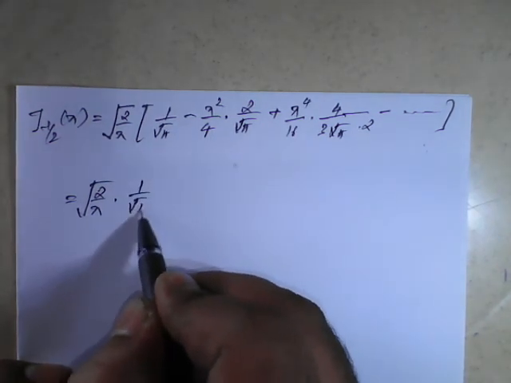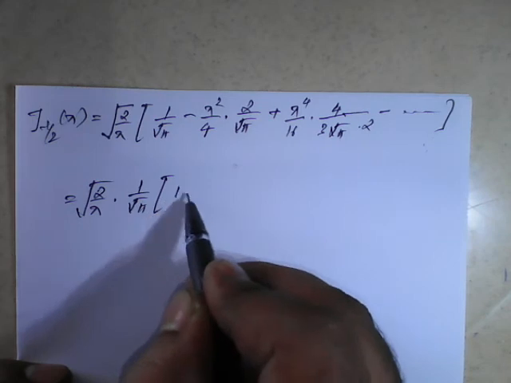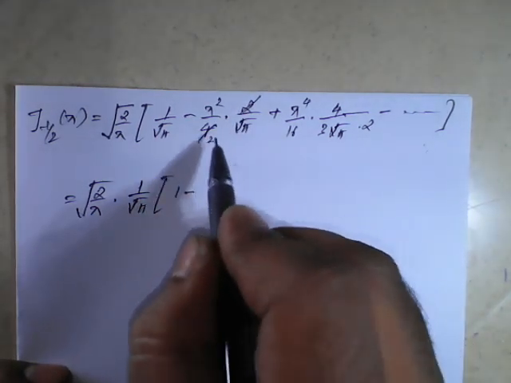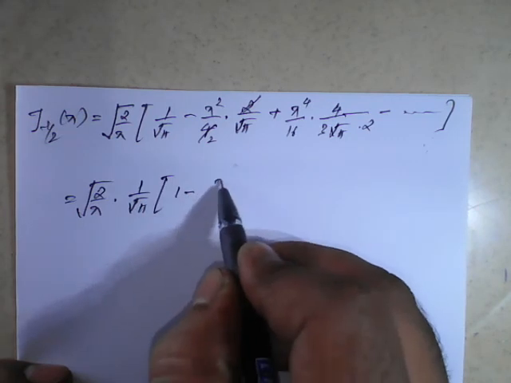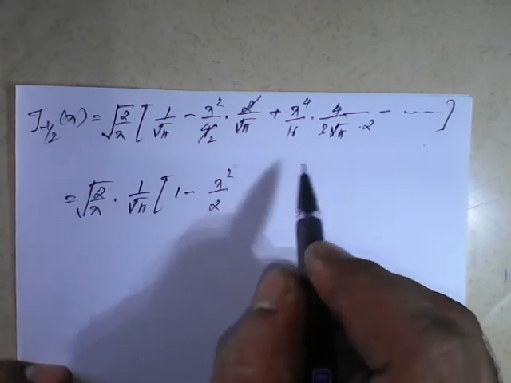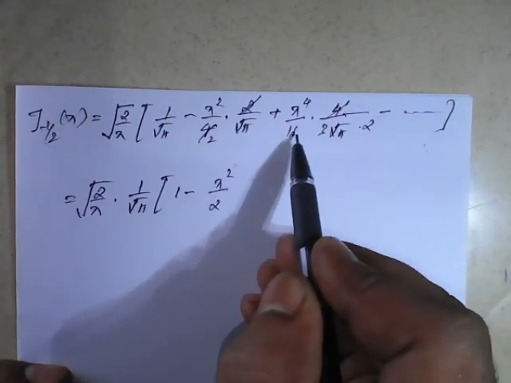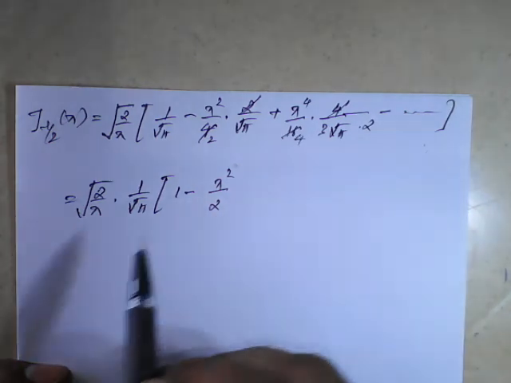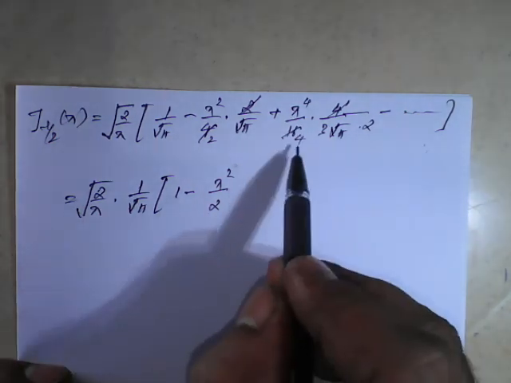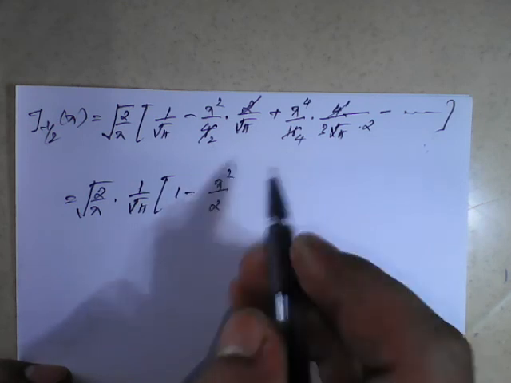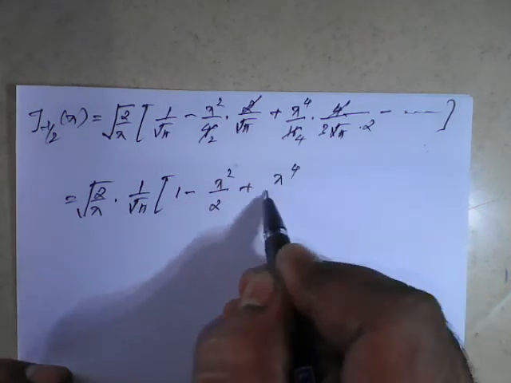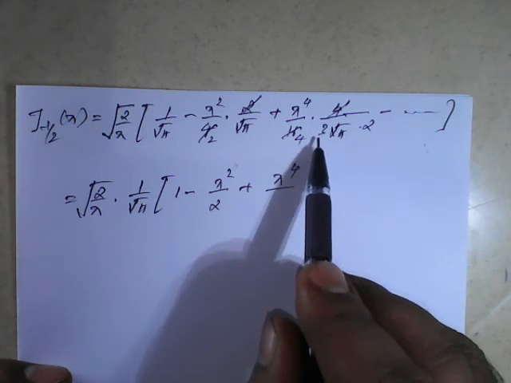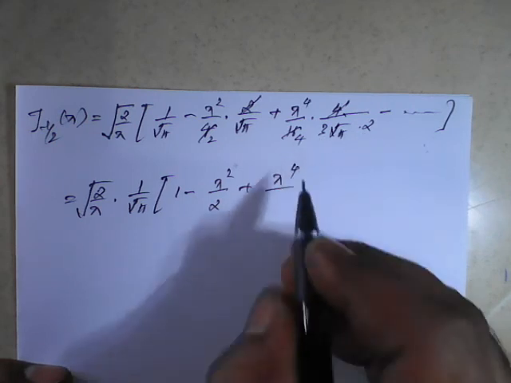Left inside is 1 minus, 2 ones are 2, 2 2s are 4, so it will be x square upon 2, left 4 ones are 4, 4 4s are 16, which is nothing but plus x raised to 4 upon, 4 3s are 12, 12 2s are 24.